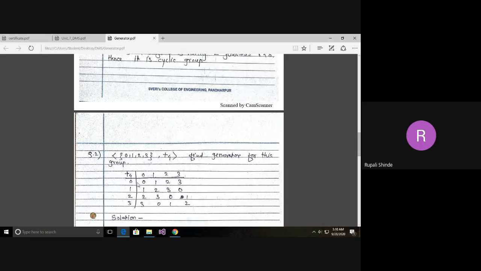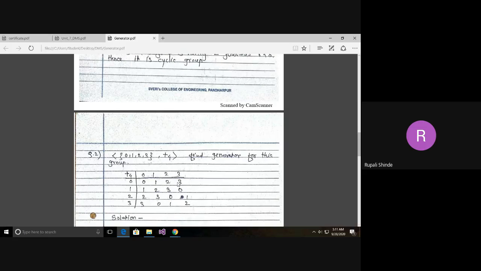So 0 plus 1, addition is 1. 1 mod 4 is again 1. 0 plus 2, addition is 2. 2 mod 4 is 2. Again 0 plus 3, answer is 3. 3 mod 4, answer is 3. Whatever remainder is left, we have to write it here.